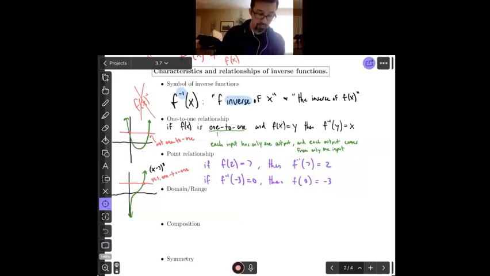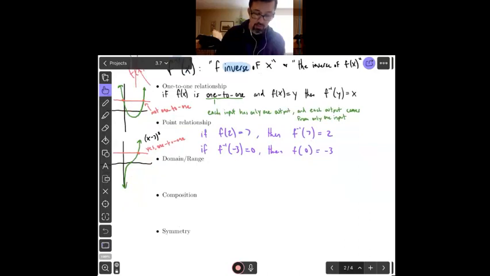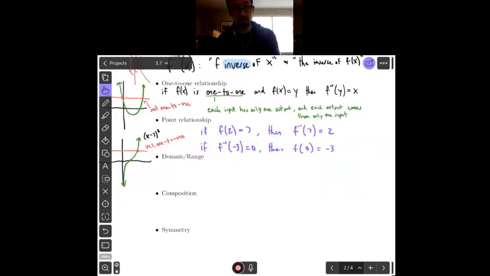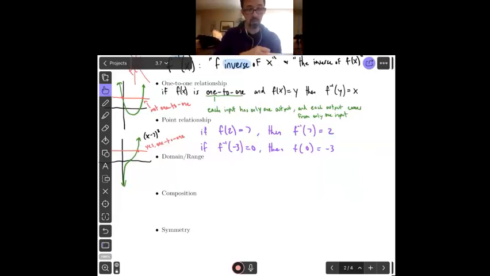The domain range relationship, somebody said earlier, and then it's really just an extension of the point relationship, right? All of the x's of f will become all of the y's of f inverse. All of the y's of f will become all of the x's of f inverse.